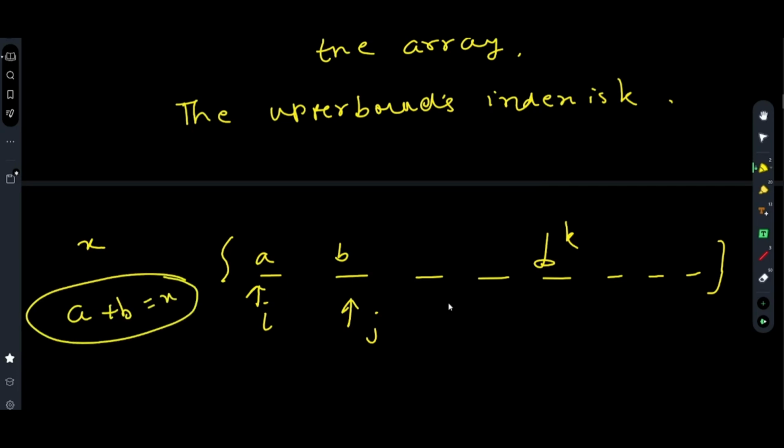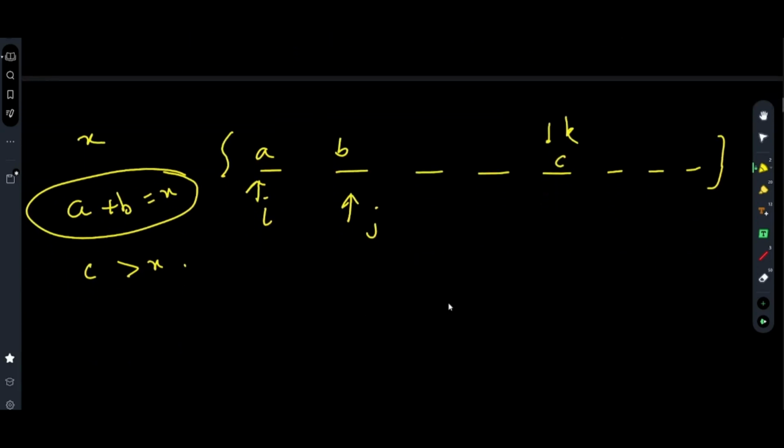It is the first element in the array which is greater than X. And you see that at the index K, this value C is the first element. C is greater than X. So it is very obvious that a, b, C can form a valid triangle.